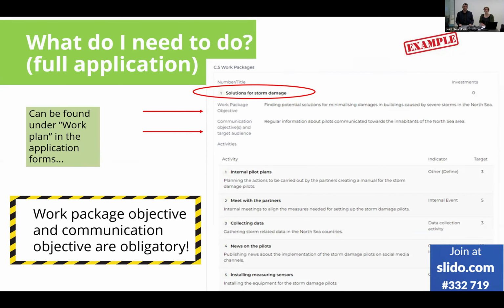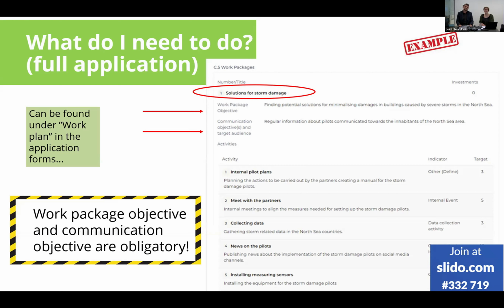And the two arrows on the slide are indicating that for each and every work package, you have to come up with a work package objective and a communication objective. This is really important because it tells us, or it also tells you, what the work package is supposed to achieve.